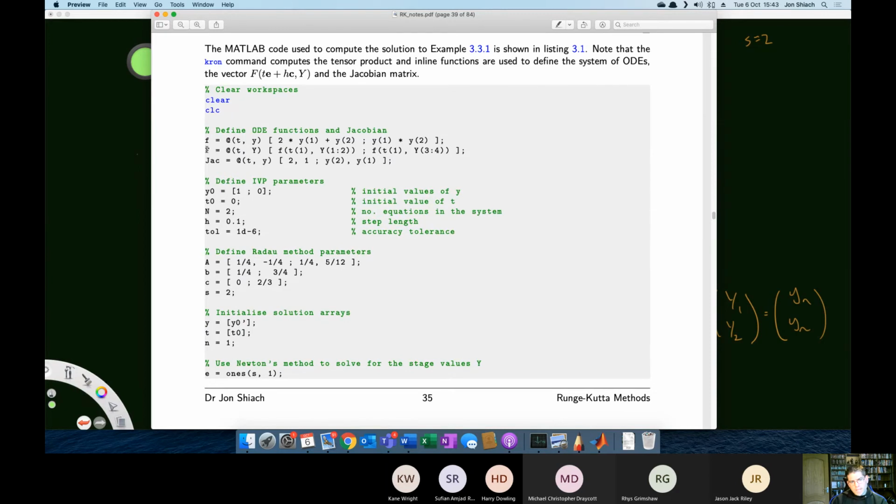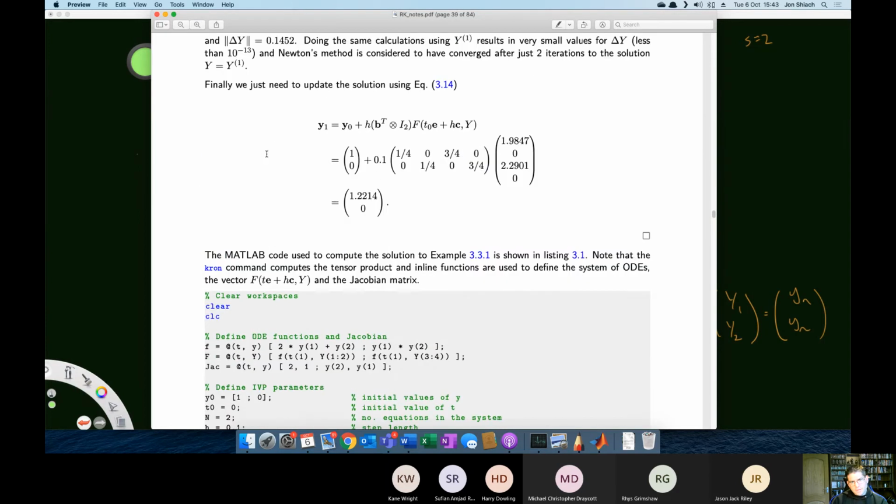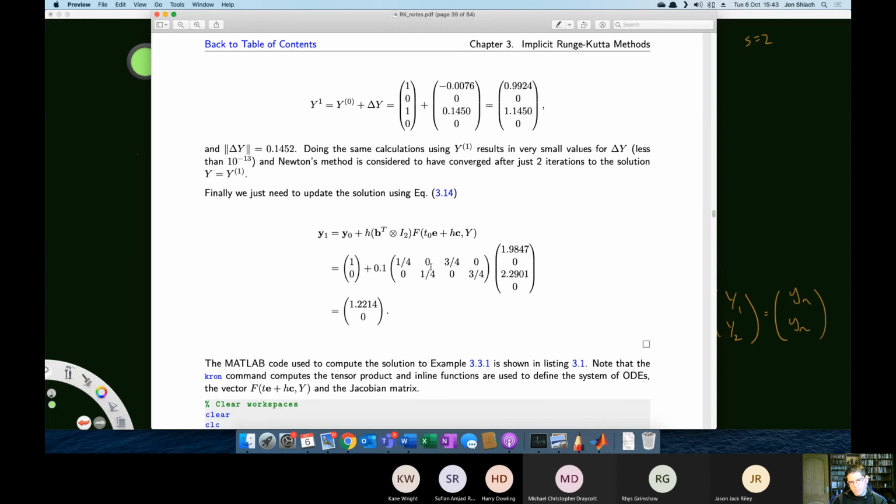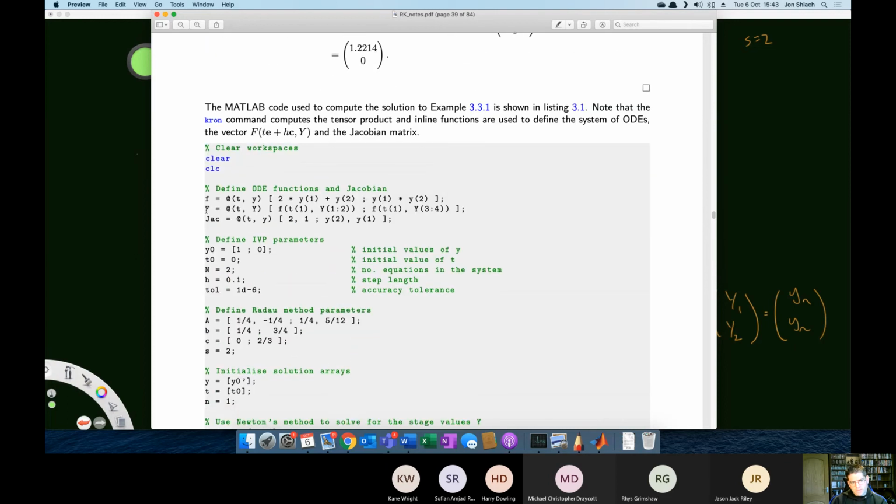Big F, now that's this one here. The reason why we need big F is it's slightly different because we're using the stage values Y and big Y. Notice it uses big Y, and that in turn uses our ODE function. So big F is a vector of f's, which is in turn a vector.